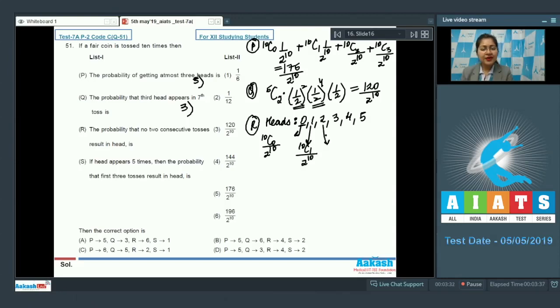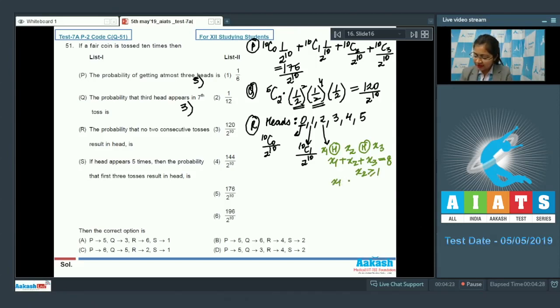Now for 2 heads, let us solve it by the gap method. Let's say 2 heads come here. In between these 2 heads, we have x2 places. Before the first H I have x1 places and after the second H I have x3 places. So we can say x1 + x2 + x3 = 10 - 2 = 8, where x2 should be greater than or equal to 1, and x1 and x3 should be greater than or equal to 0.